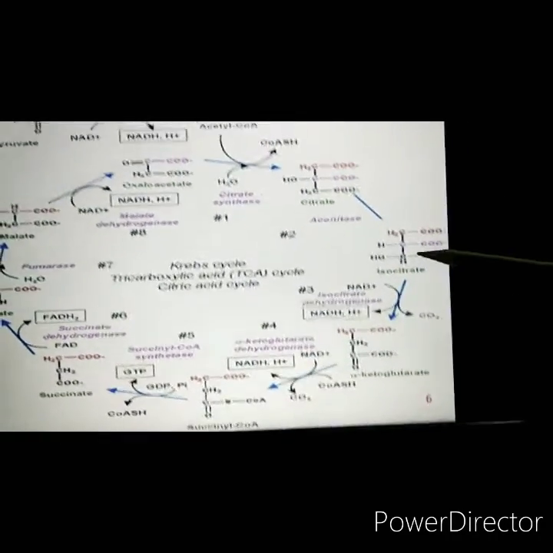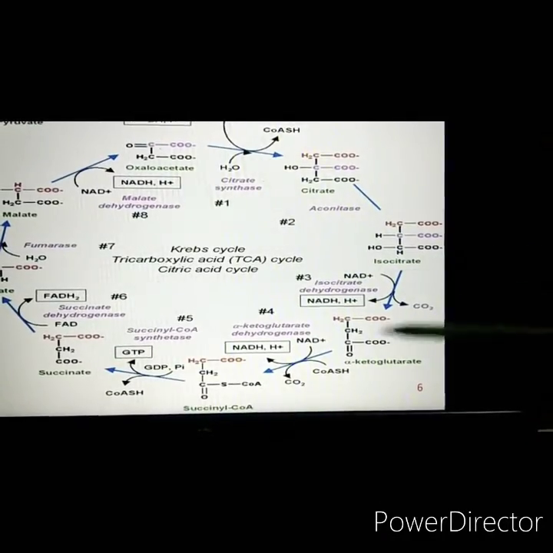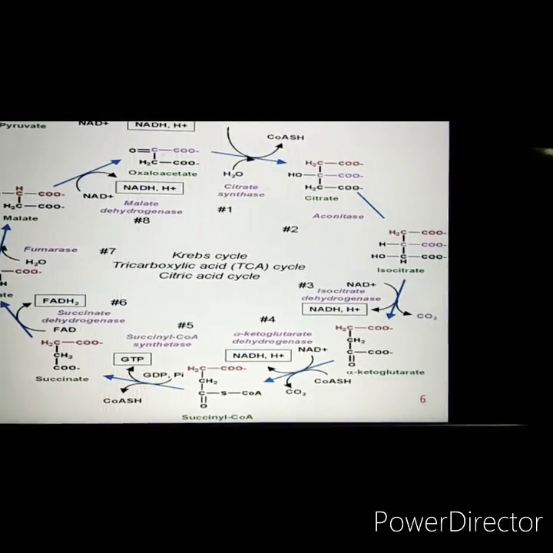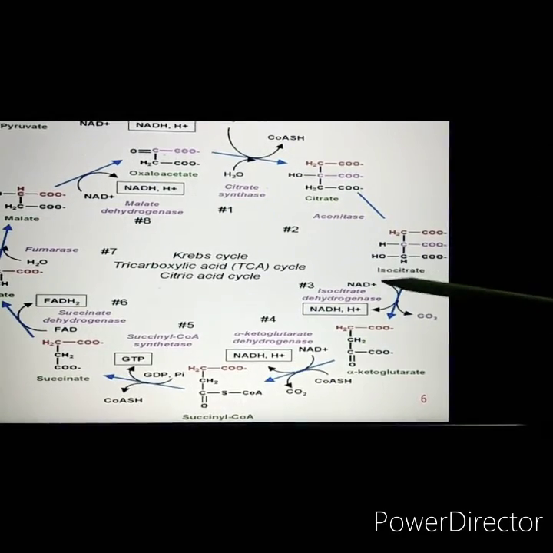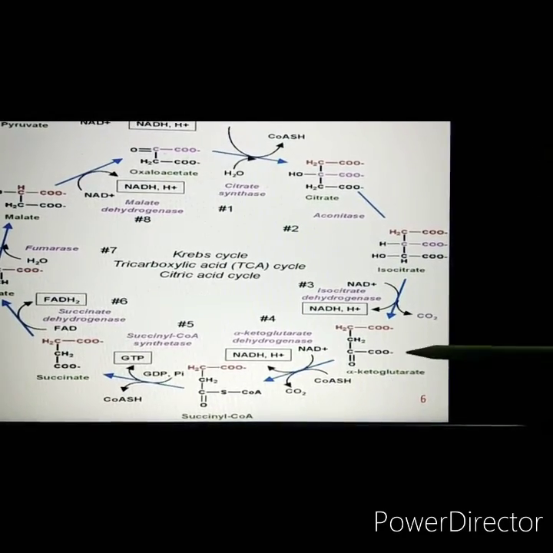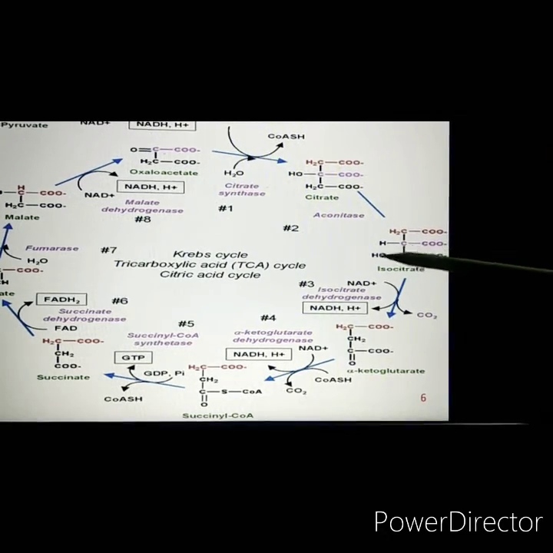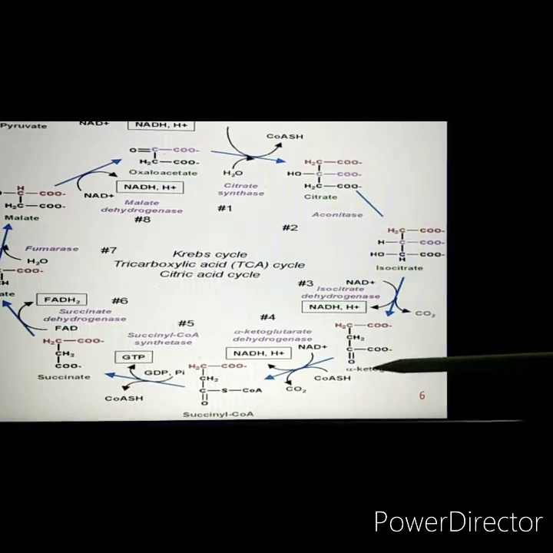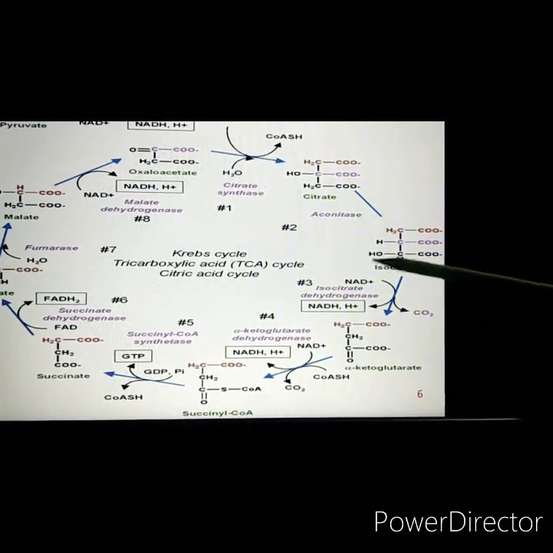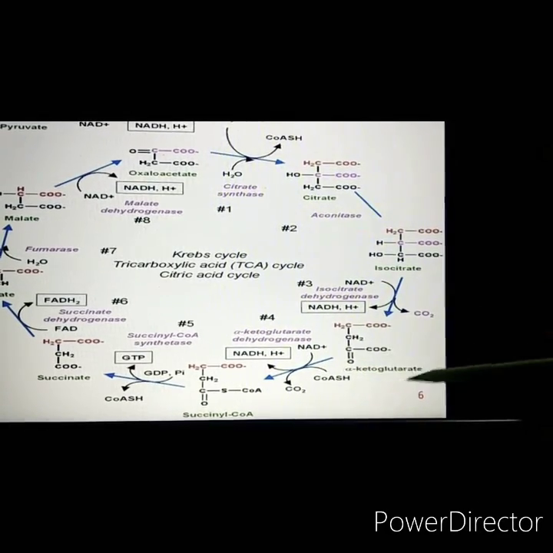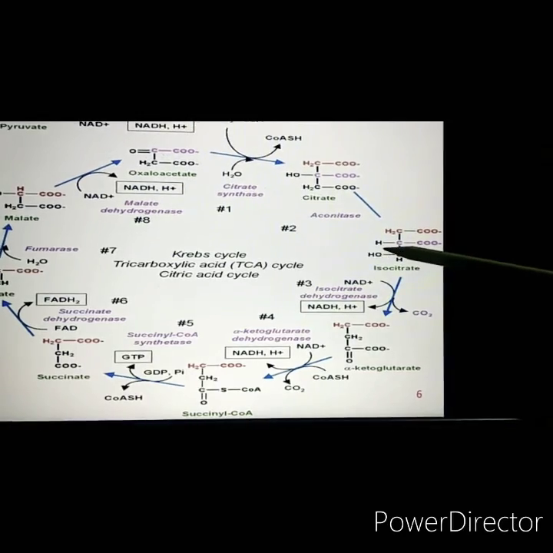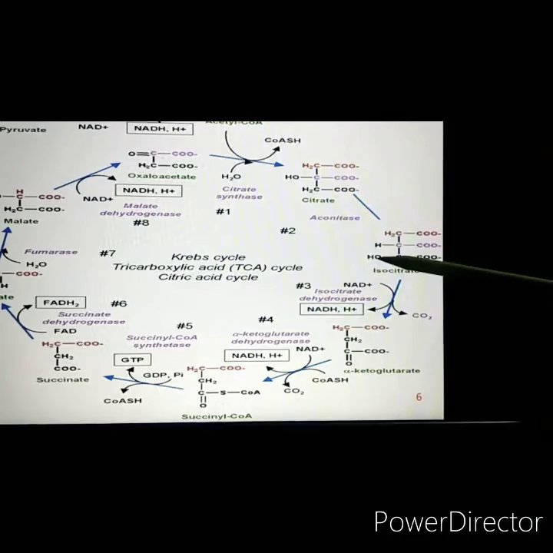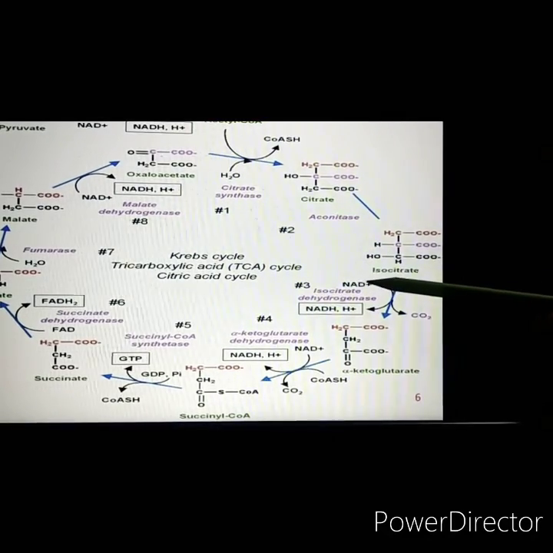The third step involves conversion of isocitrate to alpha ketoglutarate. Or you can say there is an oxidation of isocitrate to alpha ketoglutarate. As you can see, the hydrogens are being removed and there is a formation of ketonic functionality. These hydrogen atoms that are removed are accepted by NAD+.